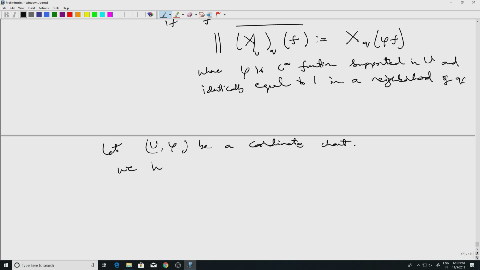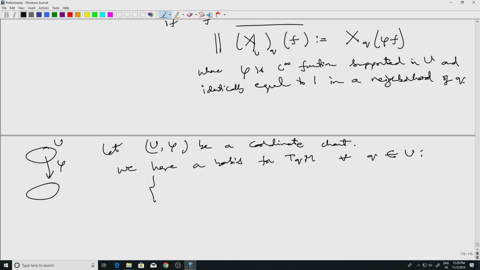We have seen this before, we have a basis for TQM for all Q in U. By definition phi is a diffeomorphism onto U1 in Rn, and on Rn I have a natural basis for the tangent space at every point, namely the partial derivatives along the n directions evaluated at that point.